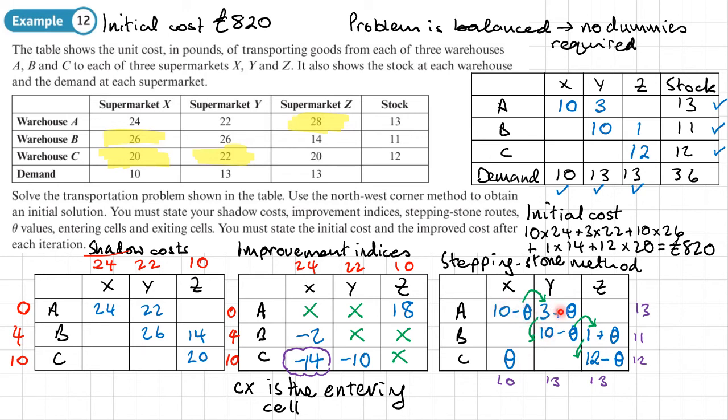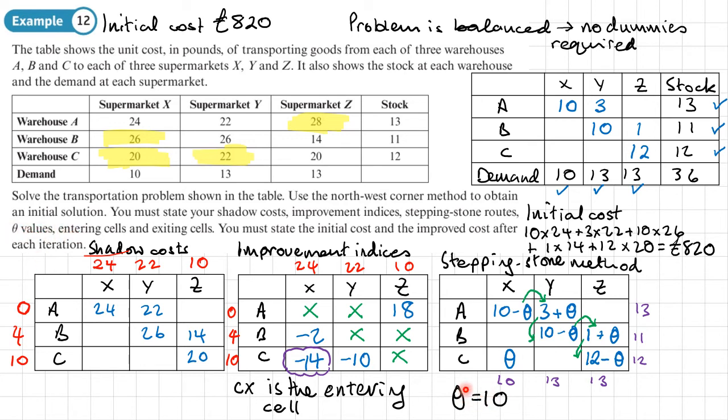These will become like 13 and 11 here. Even this will stay positive, it will stay as 2. So you can't pick any bigger value than 10. Otherwise what happens is you get negative values in those cells. So theta is going to equal 10. So that's our theta value stated here.